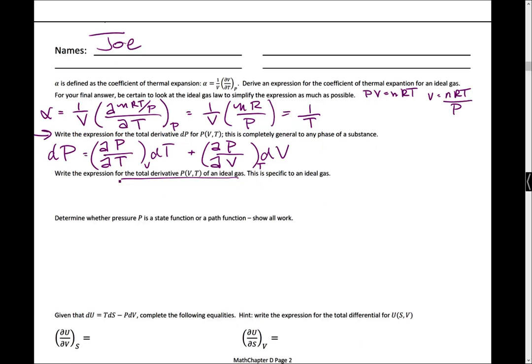So we have the total differential for pressure in terms of changes in temperature and volume. Now let's assume that we have an ideal gas. That means we need to look at dP dV for an ideal gas and dP dT for an ideal gas.